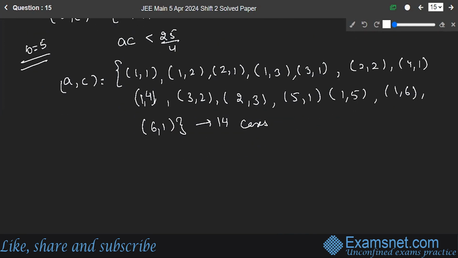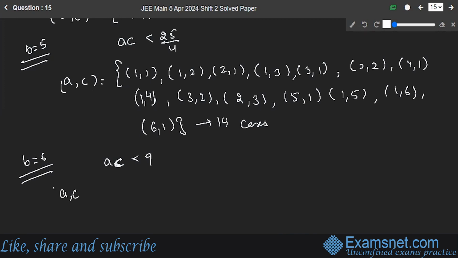Now the last one, when B equals 6. So your AC in this case will be less than B square, that is 36 by 4, that is equal to 9, right? AC will be less than 9.